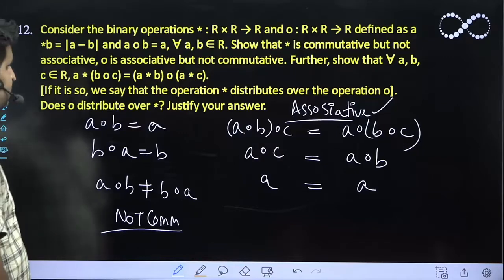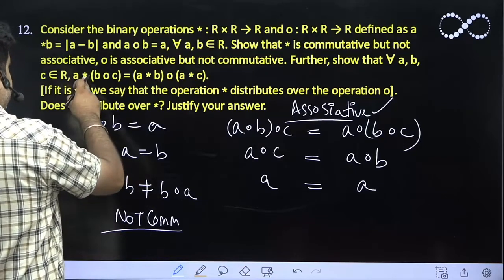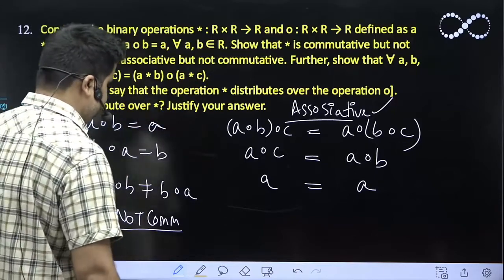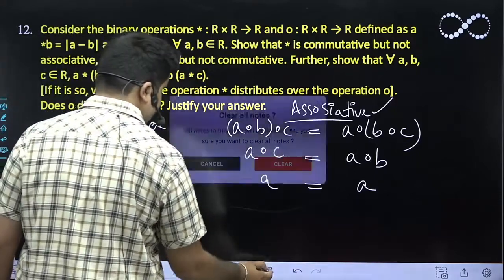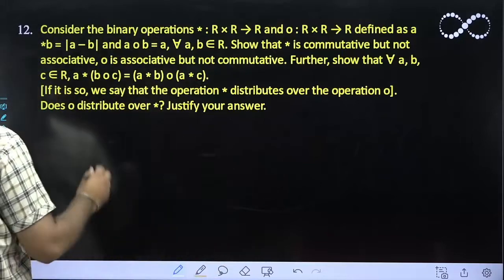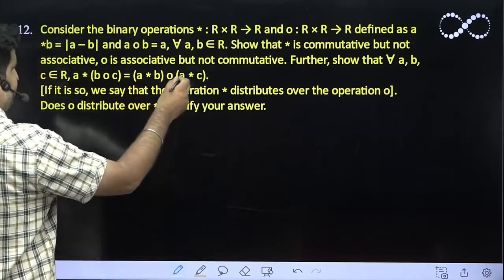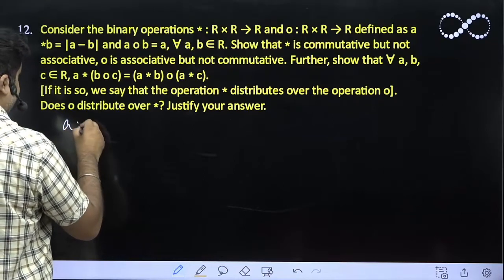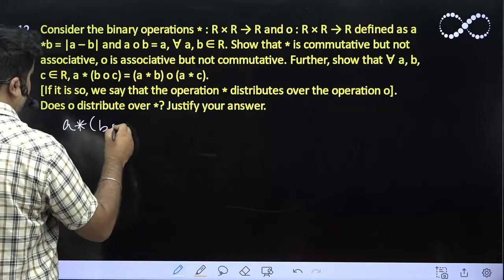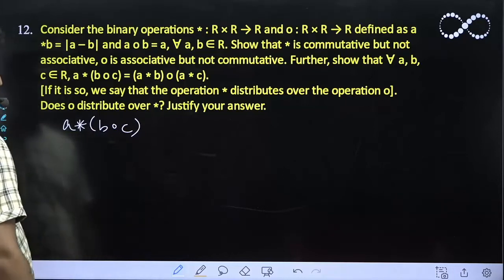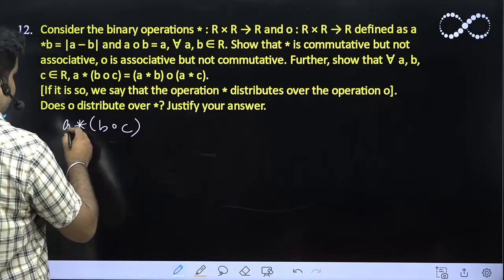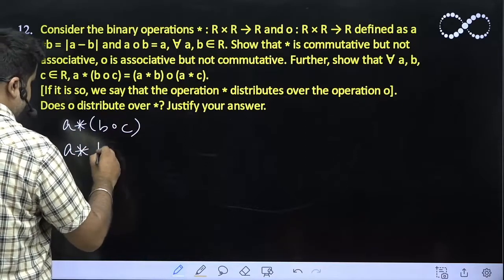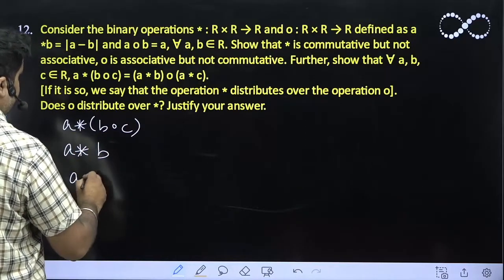Further, show that A star (BOC) is equal to (A star B) O (A star C). So this is what we have to prove next. What is A star (BOC)? This is A star, what is BOC? B. What is A star B?